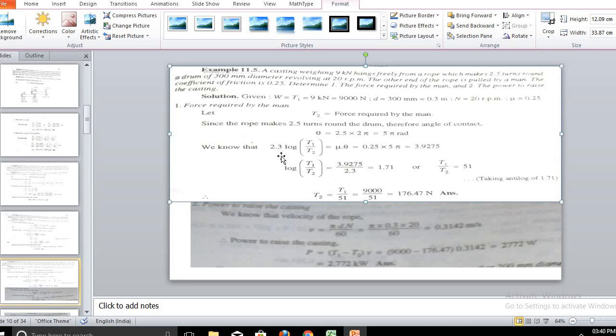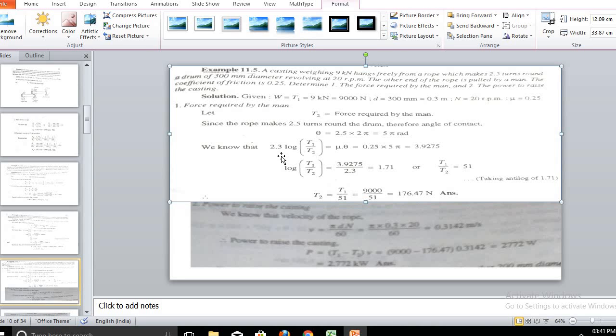For power we know T1 and T2. The velocity of that rope we can calculate as pi D N by 60, where the diameter D and the rpm N of that pulley are known. So V is equal to pi into 0.3 meter into 20 rpm divided by 60, which comes to 0.3142 meter per second.